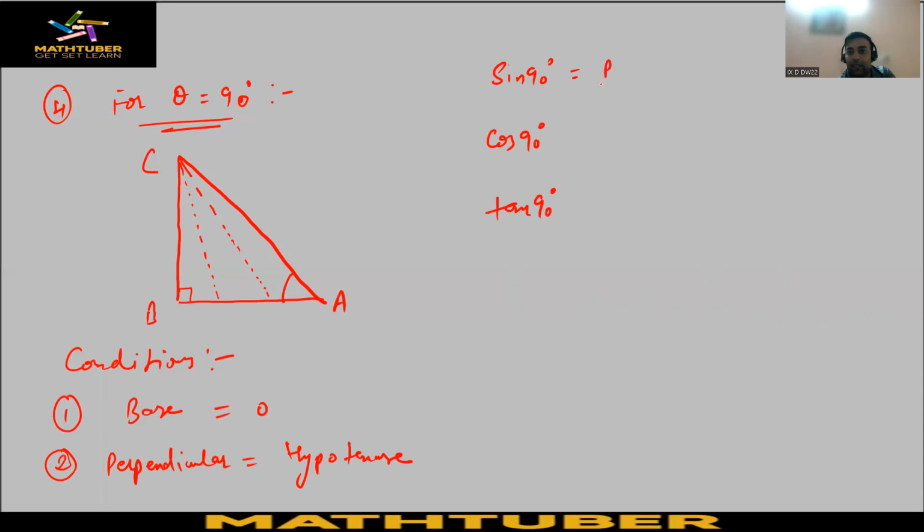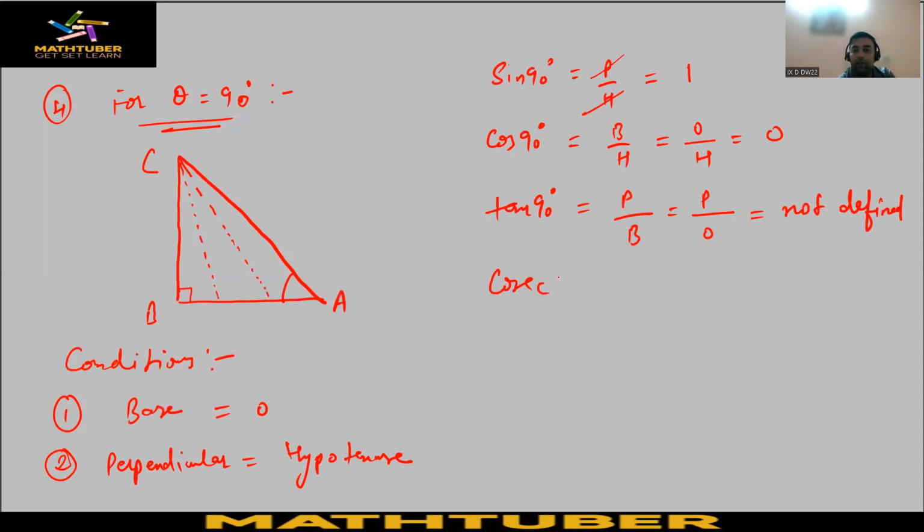So sine 90 degrees is perpendicular upon hypotenuse, and according to the second condition both are equal, so we can cancel them. It will be equal to 1. Then cos 90 is base upon hypotenuse, and the base is 0 according to the first condition, so the answer will be 0. Then perpendicular upon base is the value of tan theta, tan 90 degrees. So perpendicular is p and base is 0. As the denominator is 0, so the answer will be not defined.